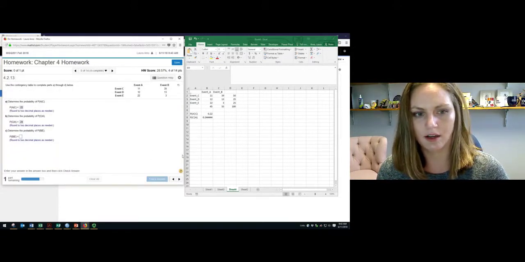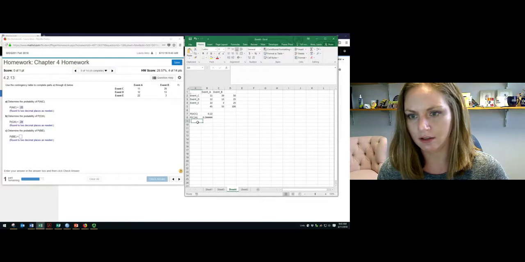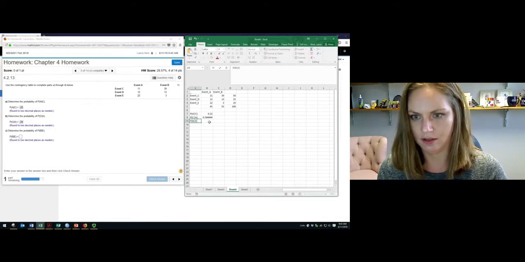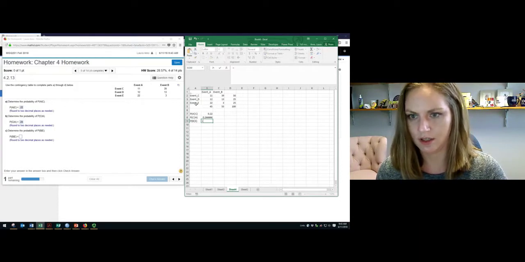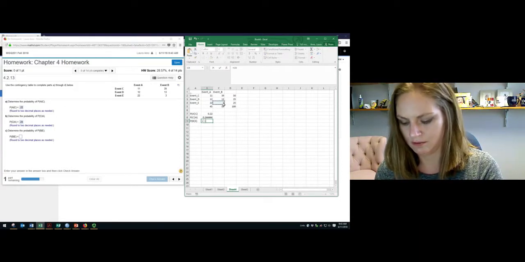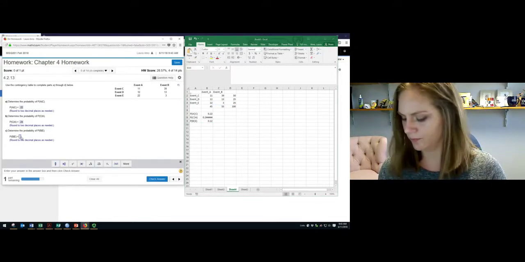The probability of B given E is going to be, given E, how many are B's? So this divided by this, 0.12.